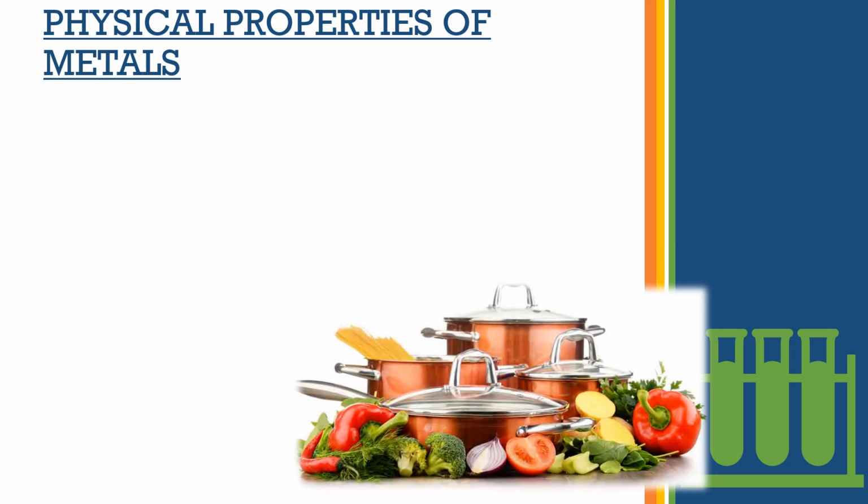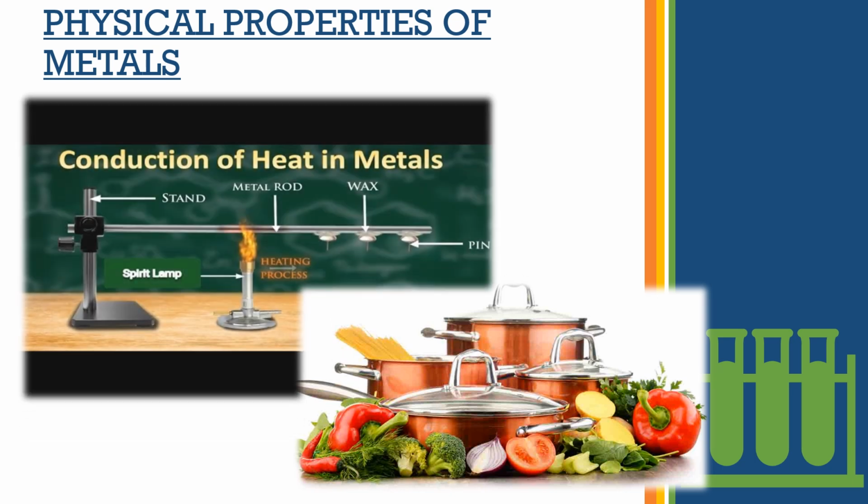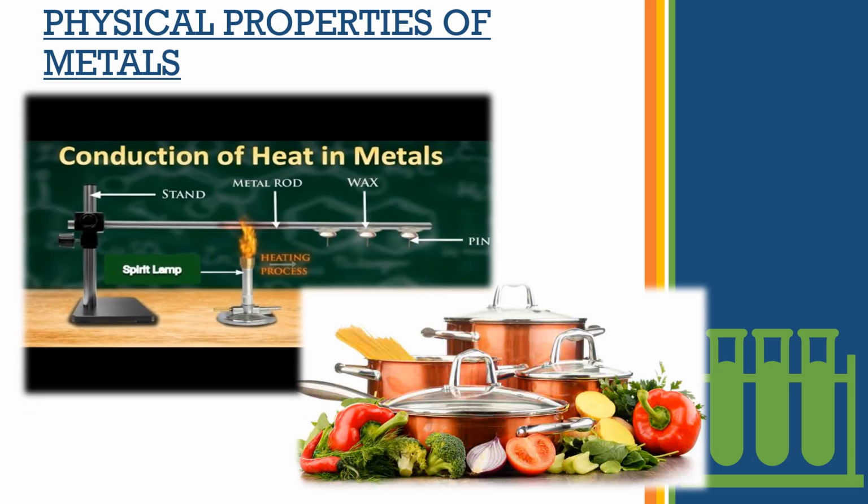On screen you can see the cooking vessels which we are using in our kitchens, right? This is the property where we can understand why we are using only metal vessels in our kitchen. So let's understand this. Yes, metals show the property of conduction of heat. Because of that we are using only and only metal vessels for cooking purposes. Why?